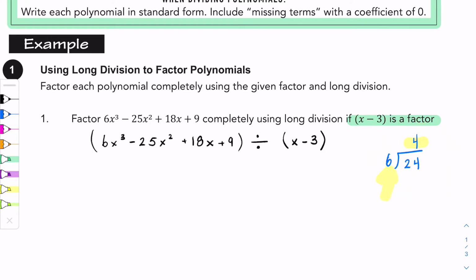So the same thing goes for a polynomial long division problem. If x minus 3 is a factor of 6x cubed minus 25x squared plus 18x plus 9, that means it's going to divide perfectly, that the remainder is going to be 0.